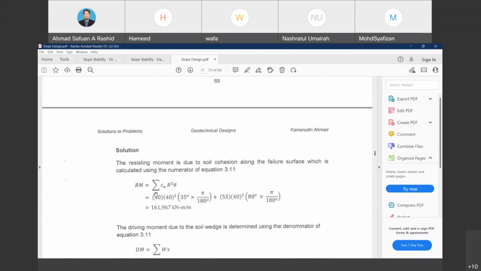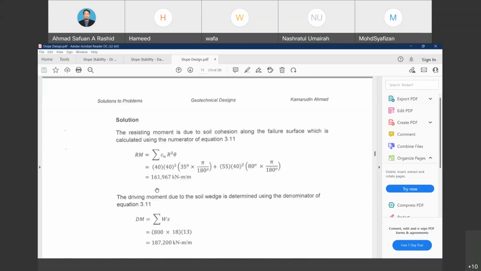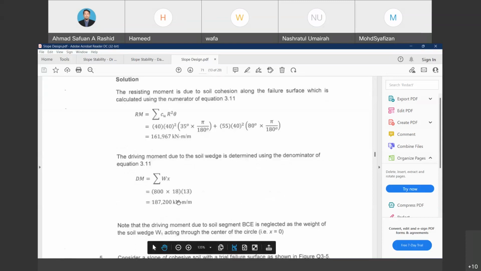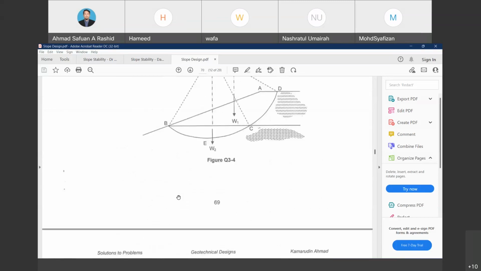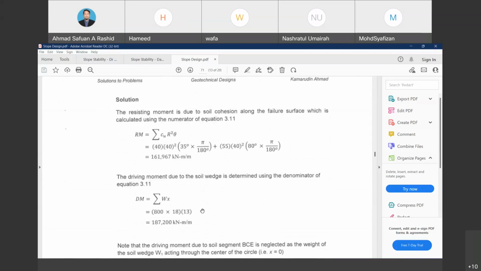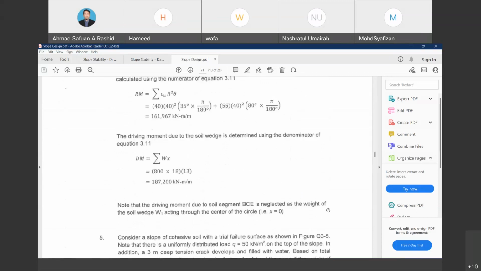Because we have two types of soil, we solve for the first one and then add the second one, then get the value for the resisting moment. While for the driving moment, we only consider one of the weights, as the other acts through the center of the circle.